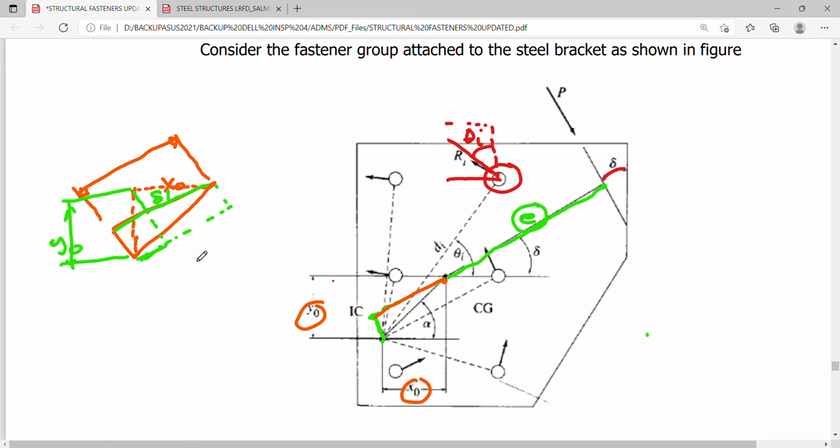Okay, so if we know XO, this small part here, the green from here to here, let's say this is point O, and this is point P. Okay, so the distance OP will simply be equal to XO cosine of delta. Okay, so what remains is this distance from OP to M.